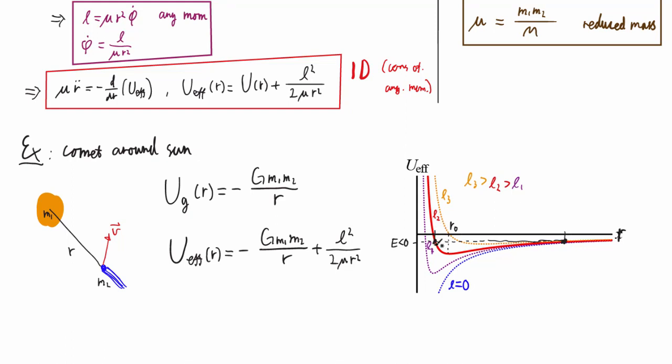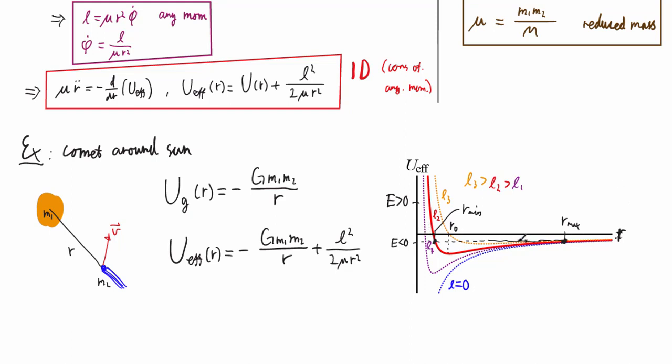So here's a minimum r. That's the point of closest approach. And here's a maximum r. On the other hand, if E is greater than 0, then the distance between the two objects, r, could be infinitely large.